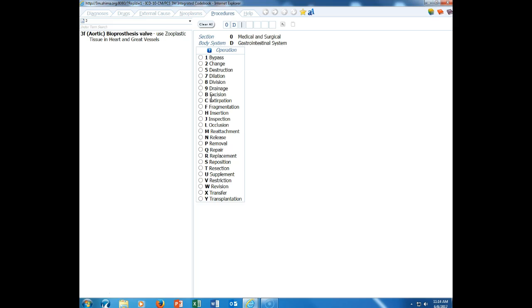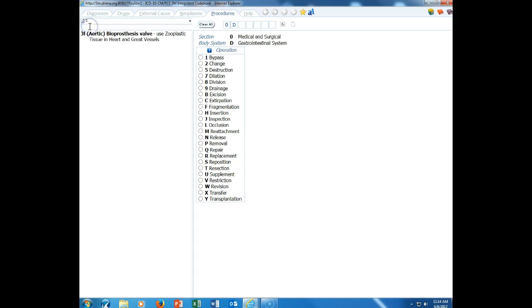Now your book tells you that there are 3 components that determine the approach: the access location, the method, and the type of instrumentation. So read this carefully. For computer-assisted robotic surgery, there is actually a PCS code that we will apply for computer-assisted surgery.